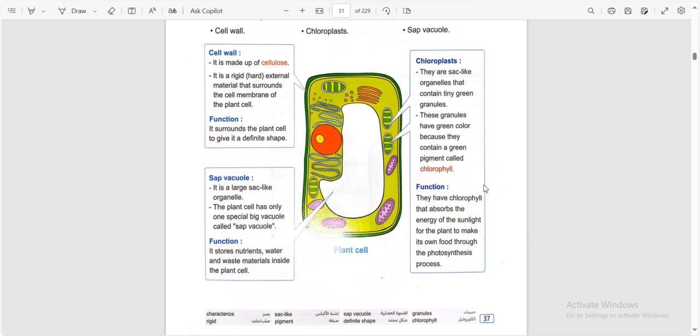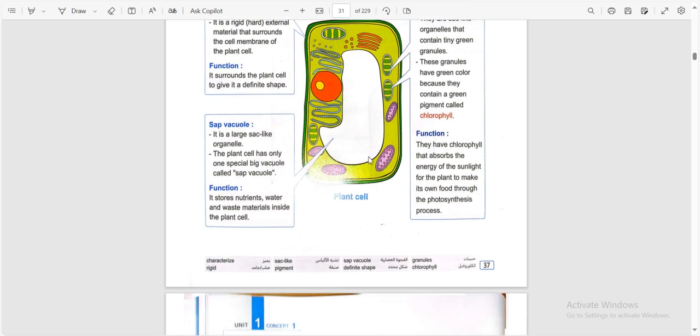Finally, it has a sap vacuole, which is like a very large sac compared to the cell, of course. And its function is to store nutrients, water, and waste material. So it stores three things: nutrients, water, and waste material.